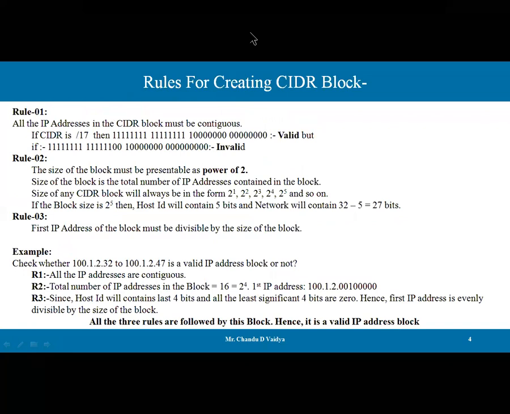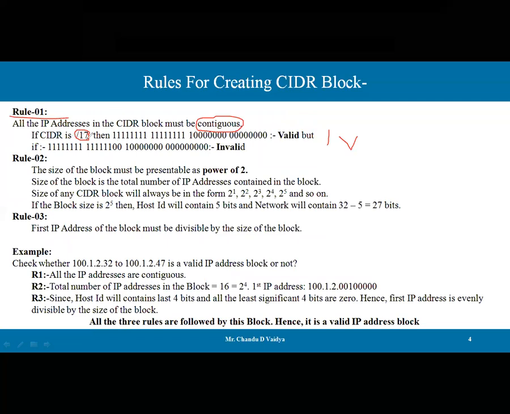Then, what are the rules to chalk out the CIDR block? There are 3 rules. Rule number 1: all the IP addresses in a CIDR block must be contiguous. This is very important, guys. Generally CIDR notation is denoted by /value, and whatever the value is, that number of bits will be contiguously 1.